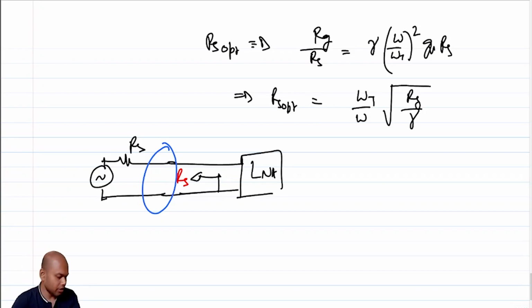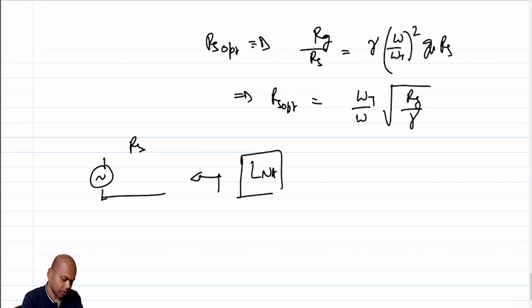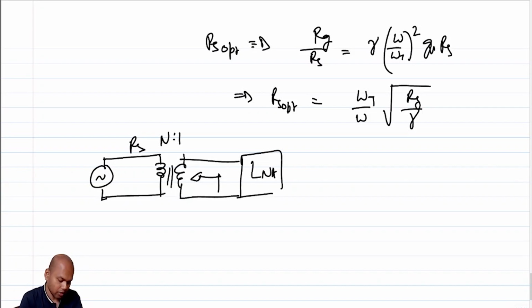If you recall the discussion that we had long back about the use of transformers, right? So I can put a transformer for that matter. So let's say I put a transformer, and I say that the turns ratio is n:1, right?